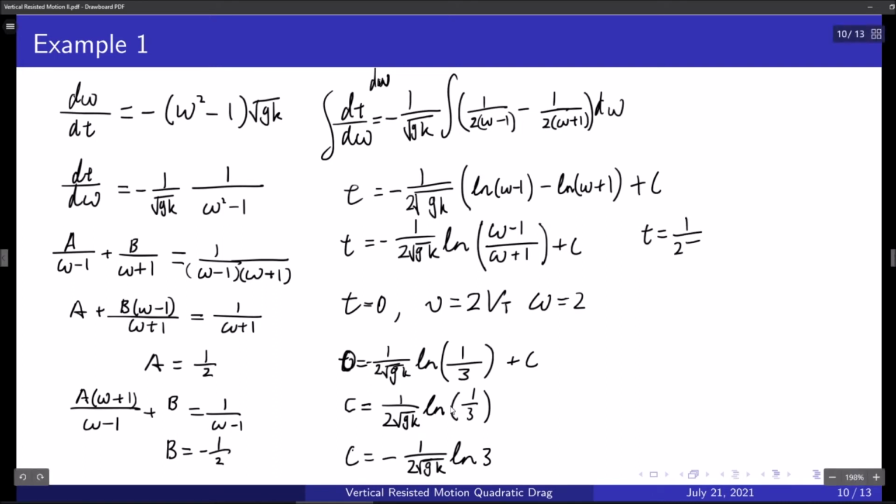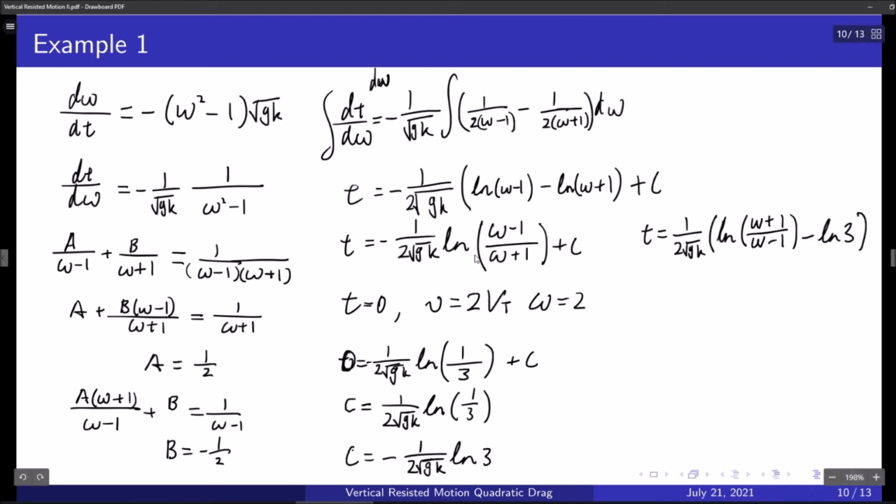So it's 1 over 2 square root of gk times log omega plus 1 over omega minus 1, because we can flip this upside down and take out the negative sign, and then minus log 3. So this is what we can do.